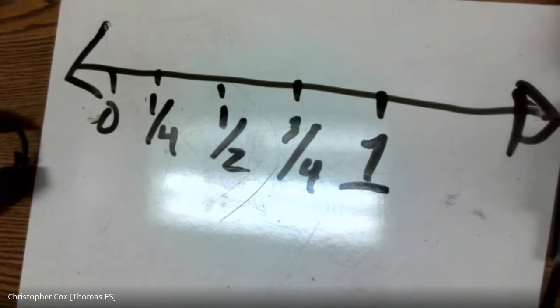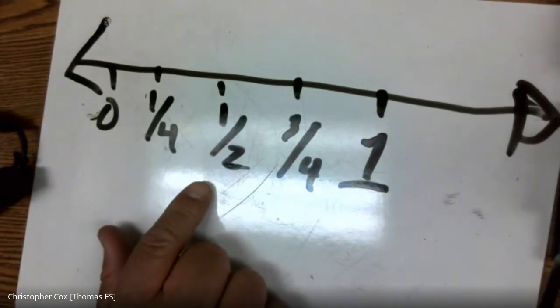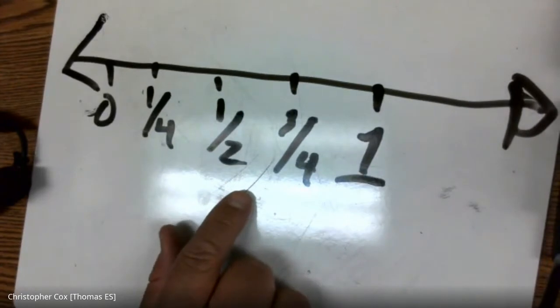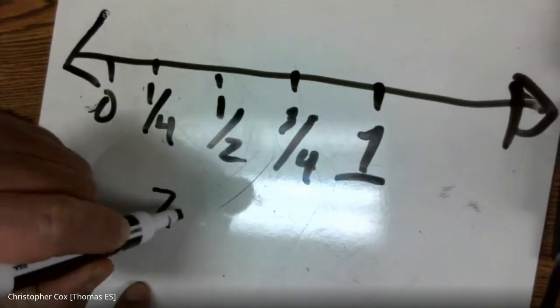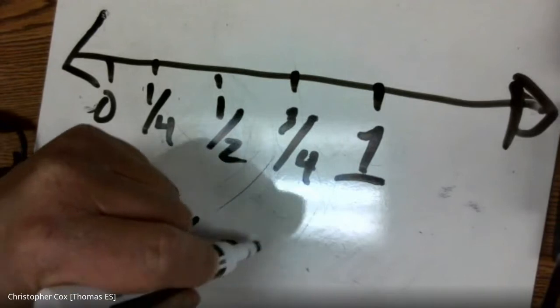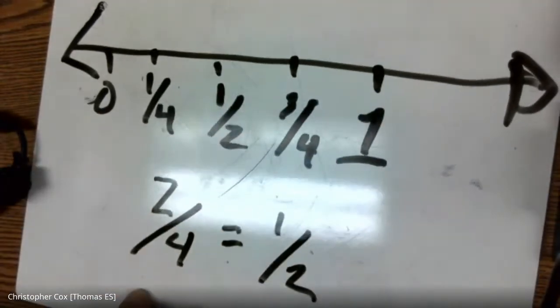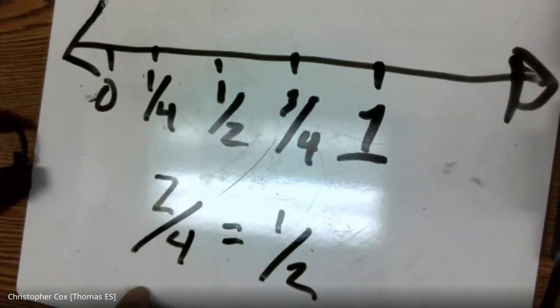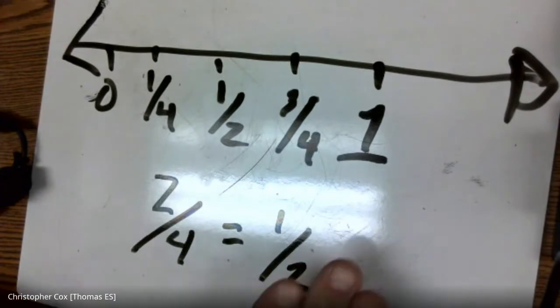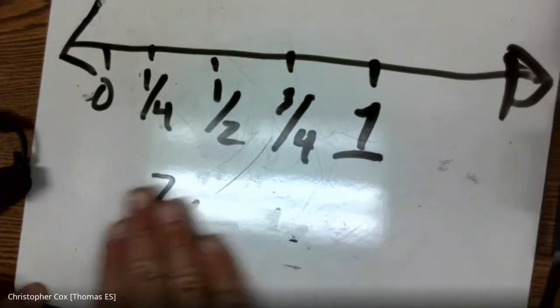And you're like, Mr. Cox, it is 2/4, not 1/2, because the denominator changed. Remember, 2/4 is equal to 1/2. It's part of the same fact family. They all belong together. So this here can confuse one.